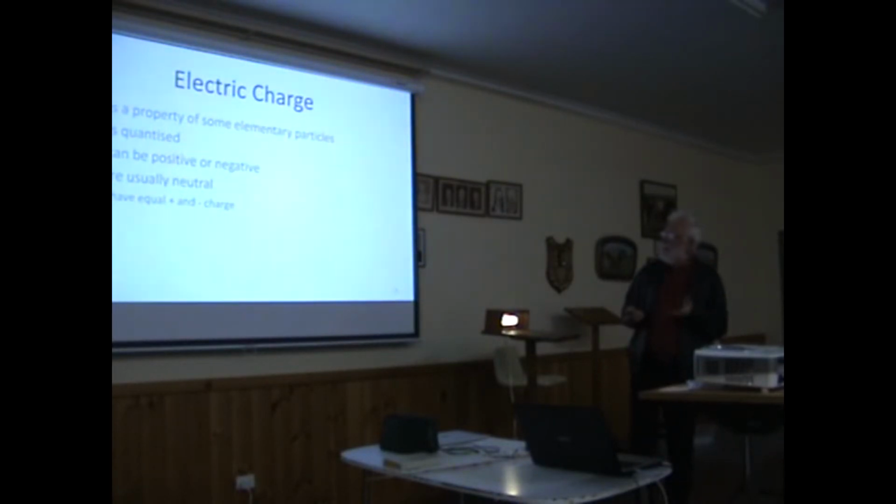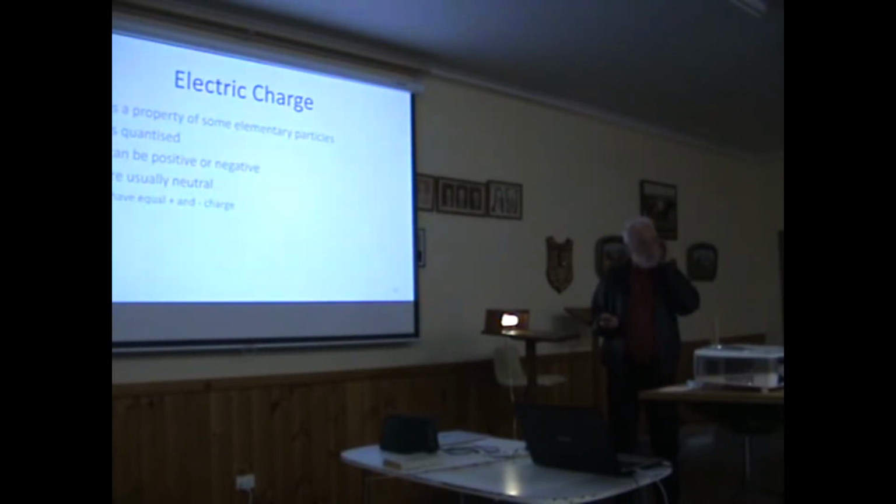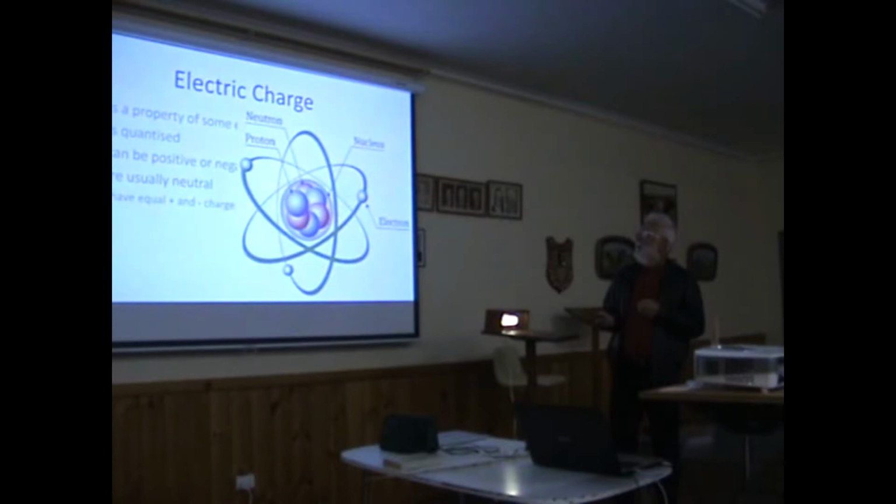And yet, atoms, even though they contain fundamental particles that have charge, are basically neutral. You can make atoms that are not neutral, but it's hard work. Atoms are basically neutral. There's an example of an atom.